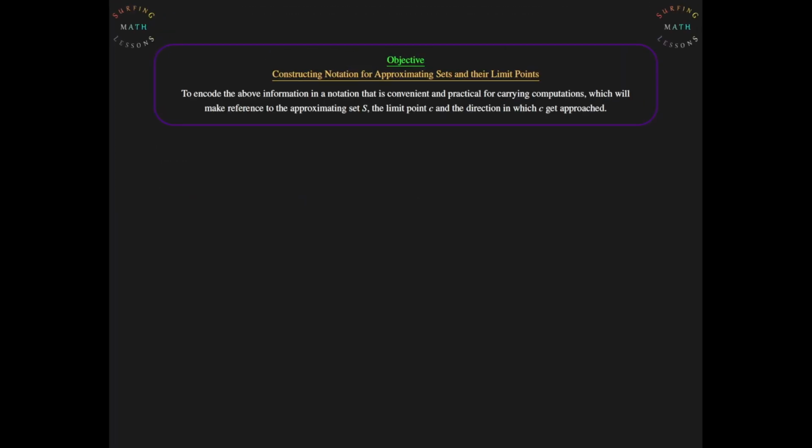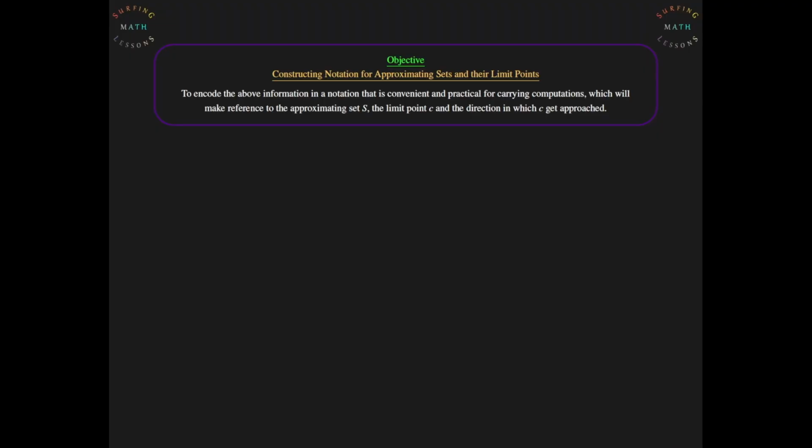So, our new objective is to encode the above notions into a notation that is convenient and practical for carrying out computations, which will make reference of the approximating set, the limit point, and the direction of approximation.